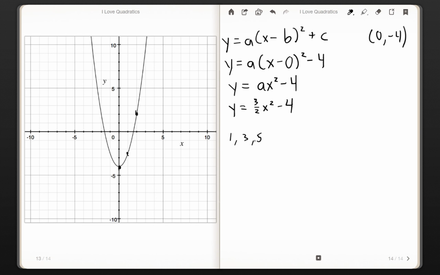This is the standard pattern when a equals 1, so this is all being multiplied by 3/2. So we get 3/2, then 9 over 2, 15 over 2, and on and on.